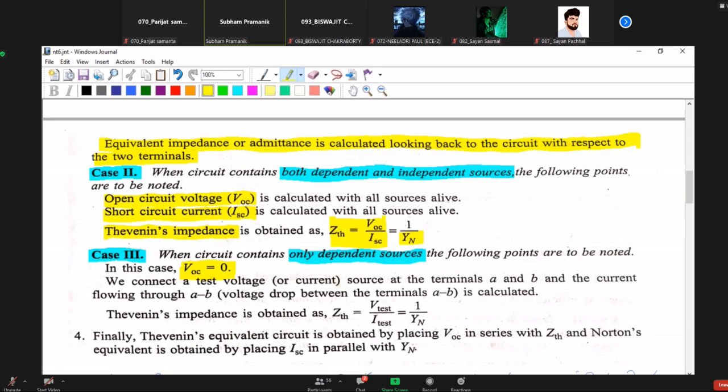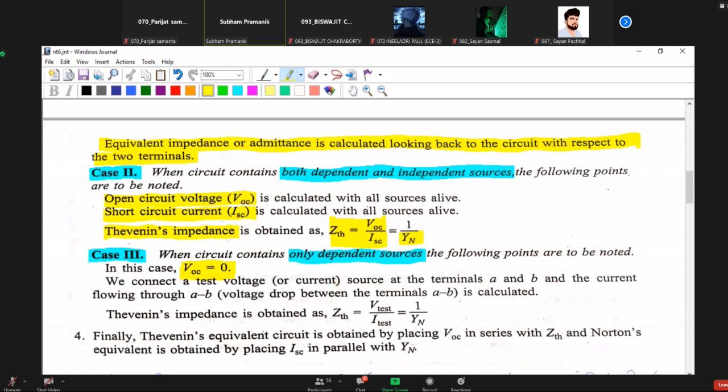Those dependent sources derive their values from other voltages and currents, which are actually delivered by independent sources. So if the independent sources are not present at all, where will the dependent source get the voltage or current from? Naturally, VOC is zero.